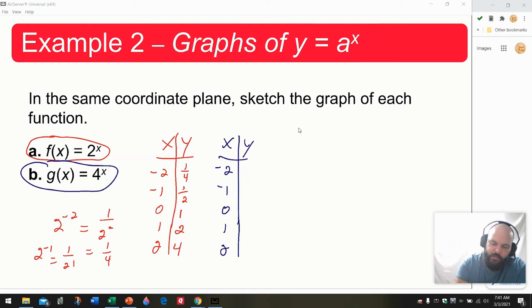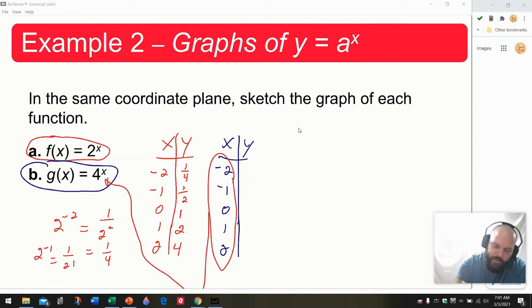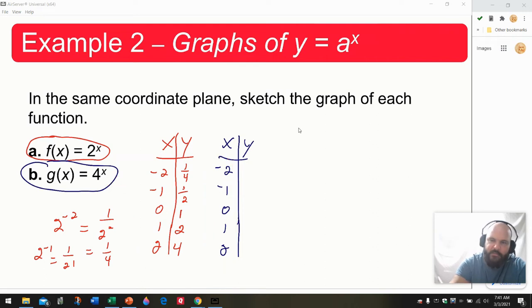Okay. Now I'm going to do the same thing for these x values, but they're going to get plugged in right there. And I want you to see what happens. So now instead of taking 2 to a power, we're taking 4 to a power. And so what happens with the negative numbers is we end up getting 1 over 4 to the second.